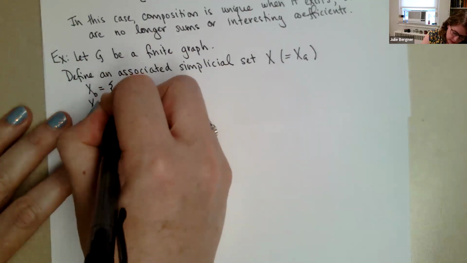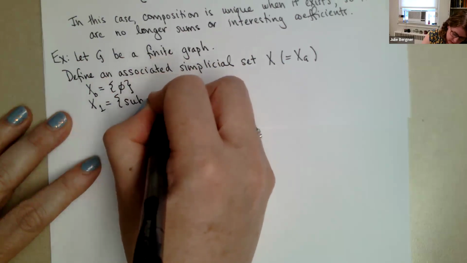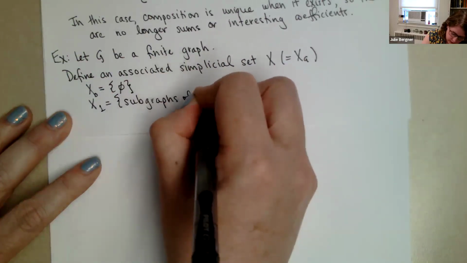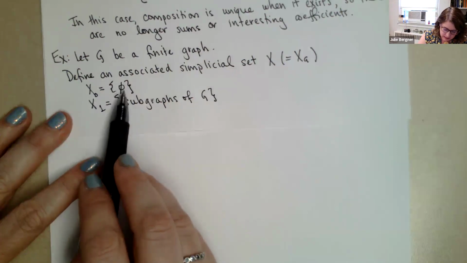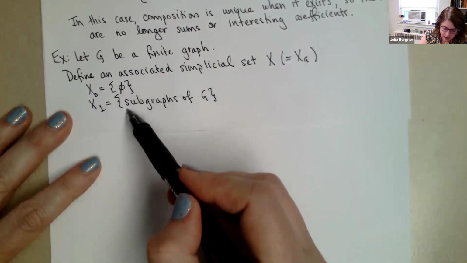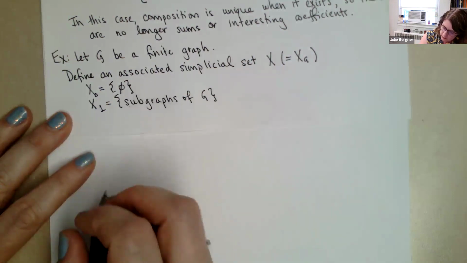X1 is going to be the collection of subgraphs of G. This explains why its degenerate one-simplex will just be the empty subgraph.